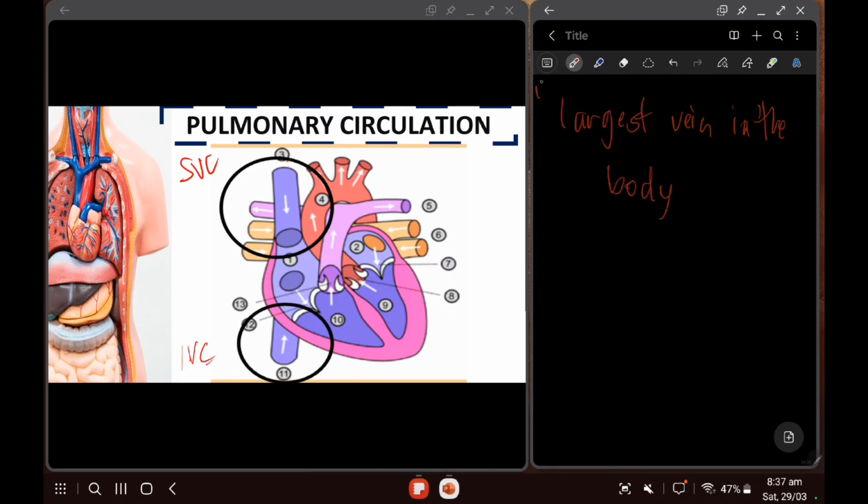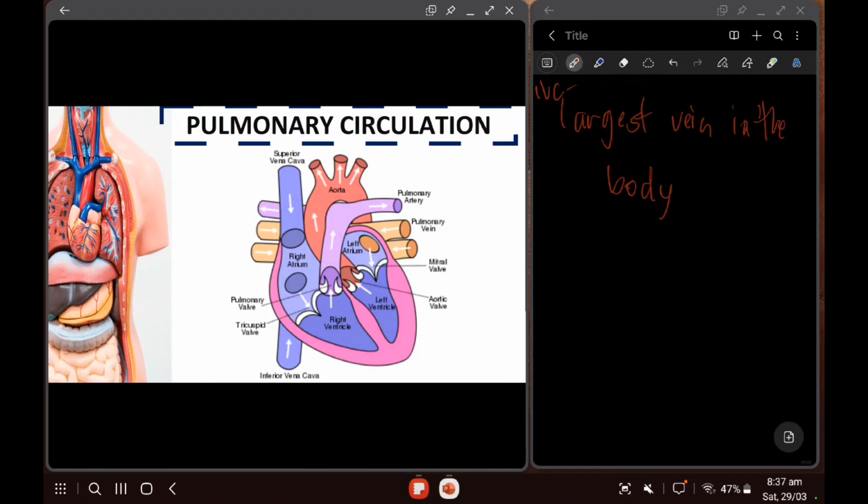It carries blood back from the lower part of the body to the right atrium of the heart. Here, the blood is carrying carbon dioxide. While the superior vena cava is above the heart, carrying blood from the head and arms to the right atrium.